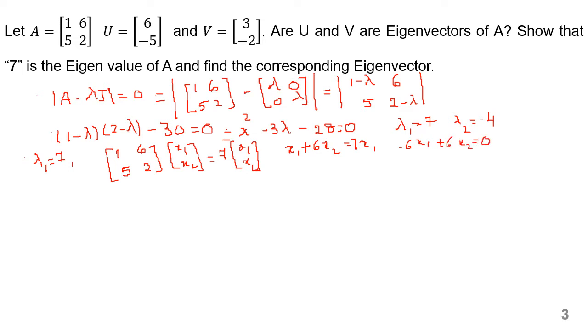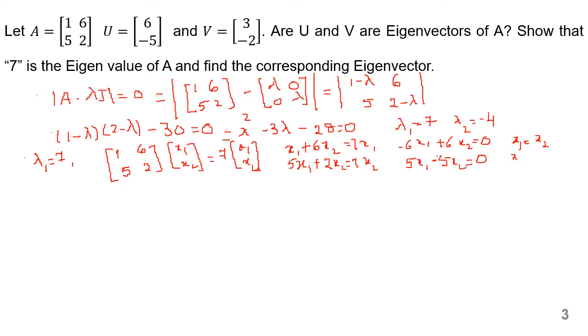So here x1 is equal to x2. We take the second equation, which is 5x1 plus 2x2 is equal to 7x2, that is 5x1 minus 5x2 equal to 0.